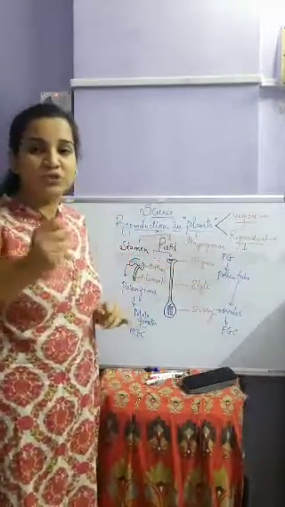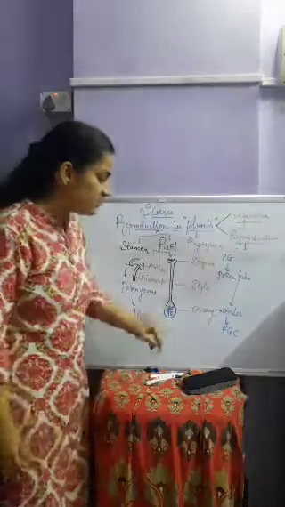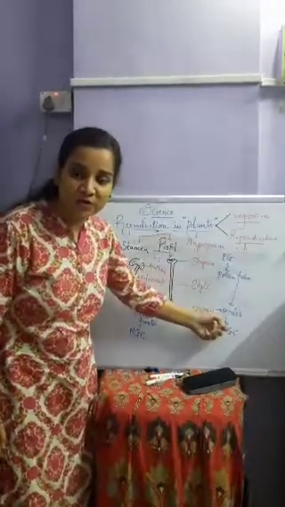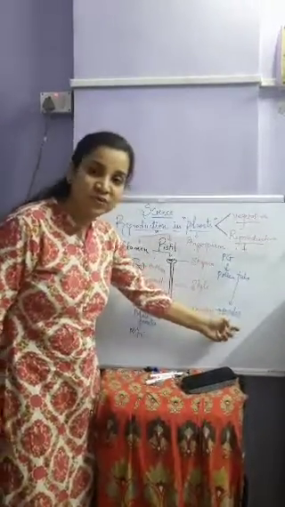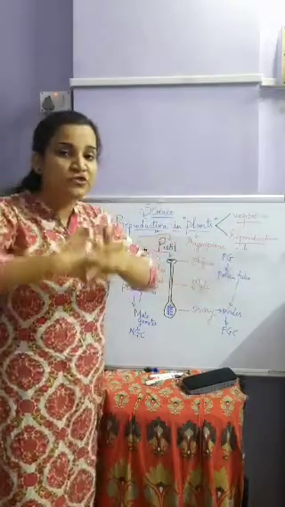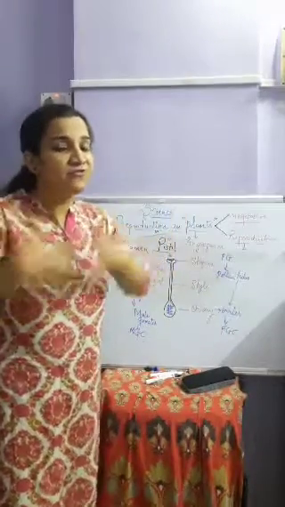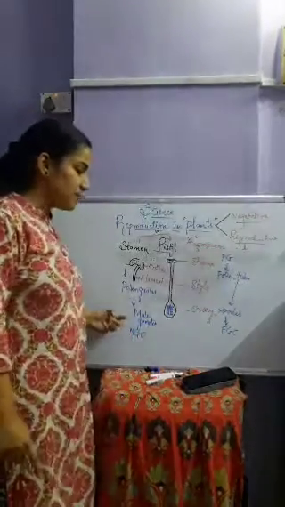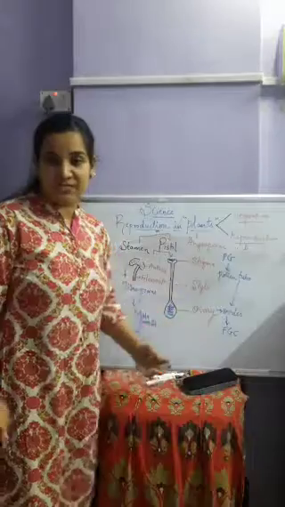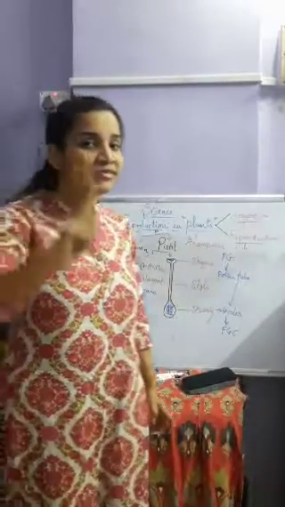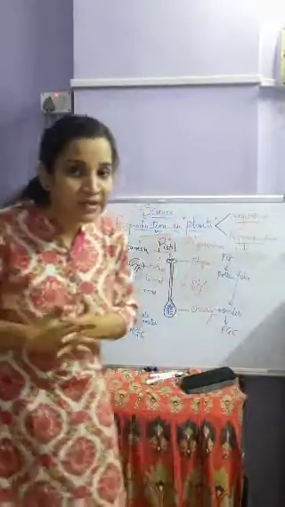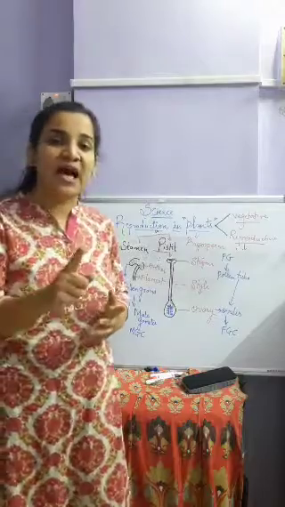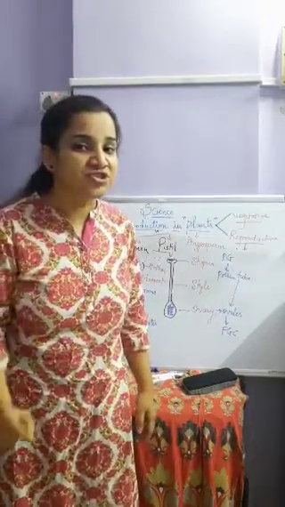Through this pollen tube, the gametes will go and reach till the ovule. When they reach the ovule, fusion will happen. There is a fusion of the male gamete and the female gamete. Always remember, the process of fusion of male and female gamete is said to be fertilization.